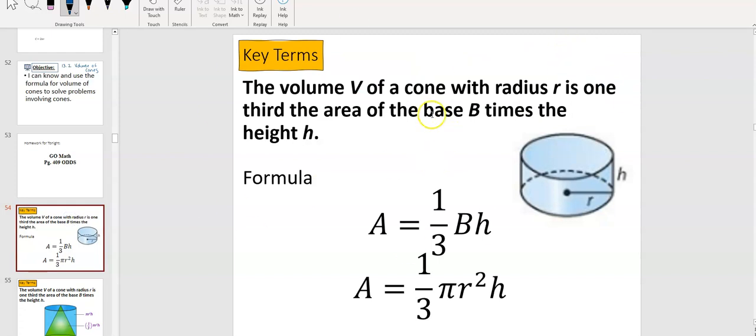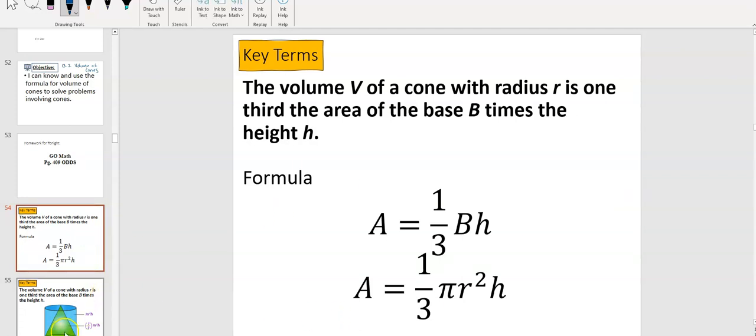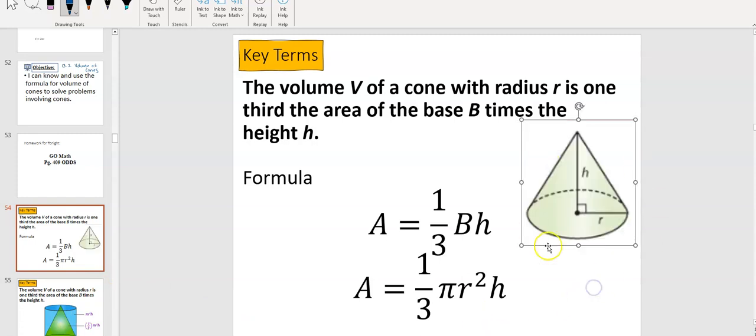All right, so our key terms here, basically the volume. Oops, this picture didn't get changed. Sorry about that. Basically, the volume of a cone here is going to be the area of its base, again, but it's going to be 1/3 of that area of the base times height.